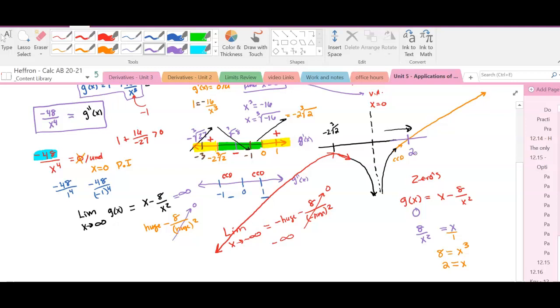The only other thing that might be interesting, what is the y value of this relative max? Well, let's find out. What is g of negative 2 cube root of 2, which was really the cube root of negative 16?